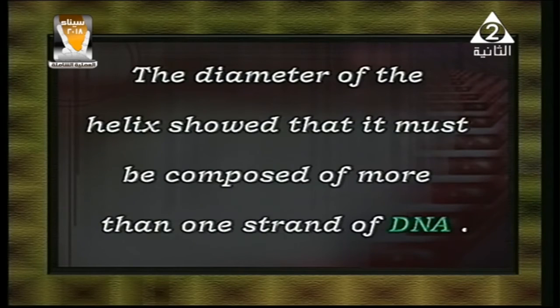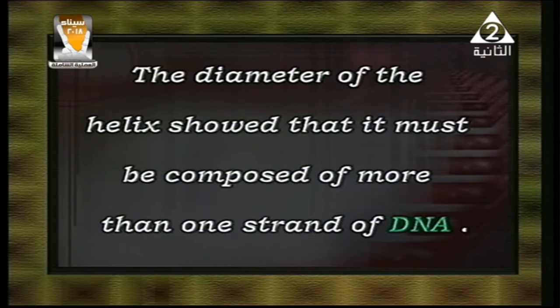The diameter of the helix also showed that it must be composed of more than one strand of DNA. So we got the first evidence about the molecules inside and outside, and also the diameter, by the diffraction technology using X-rays carried out by Franklin.